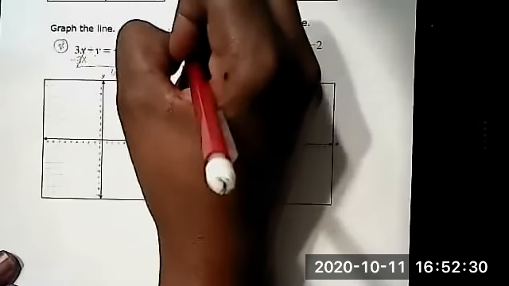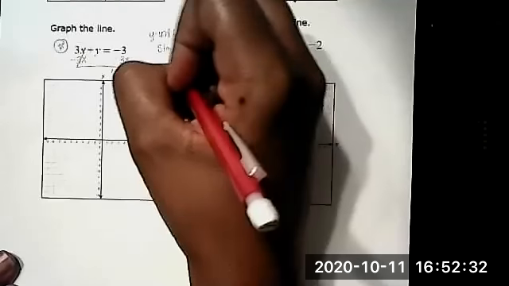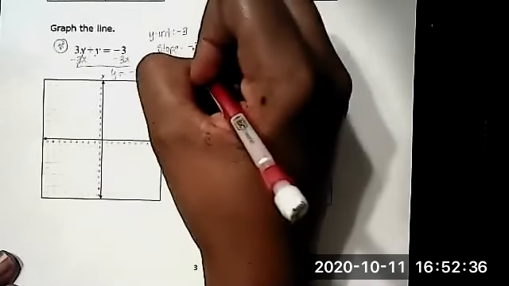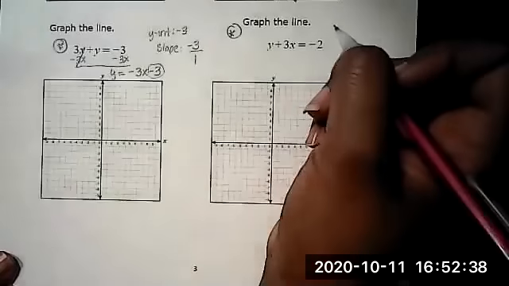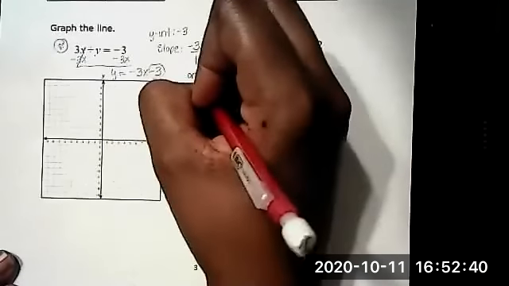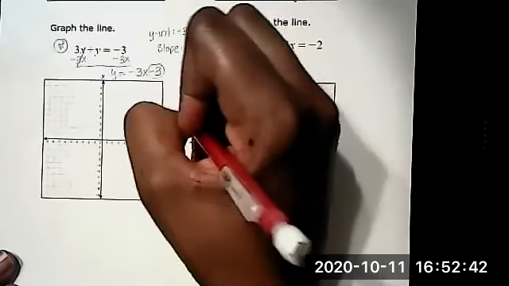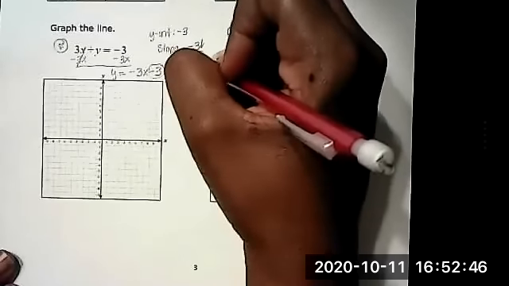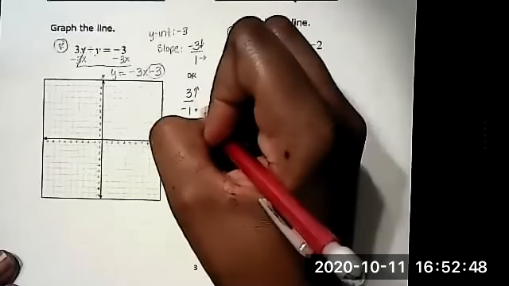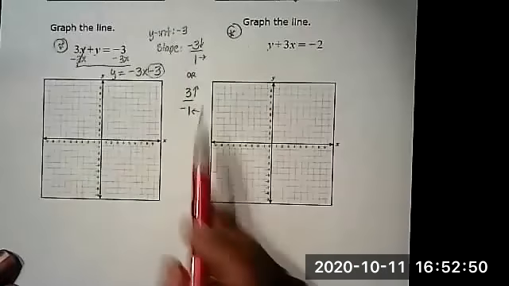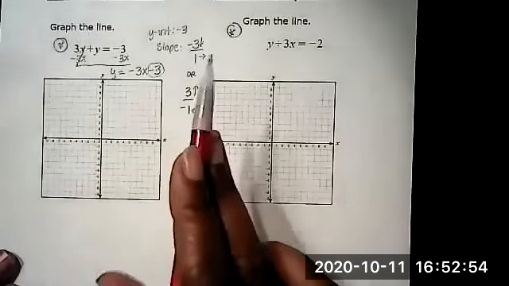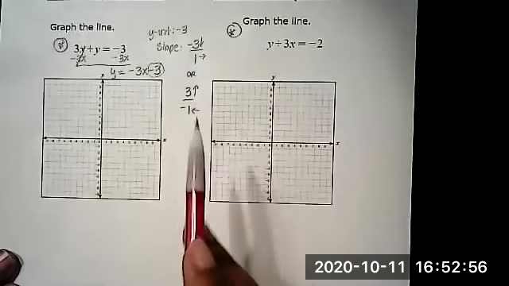And then our slope looks like it's -3 over +1, or +3 over -1. And you're going to put the arrows down 3, right 1, or up 3, left 1, depending on what it says. Okay, we know up and down is at the top and left and right is at the bottom, depending on whether it's positive or negative.